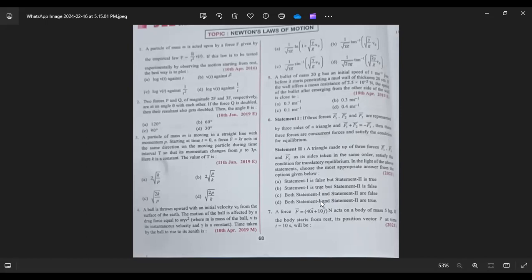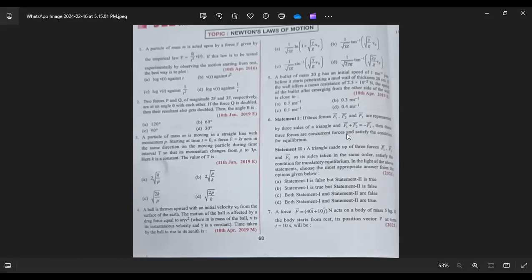Statement 1 is true, statement 2 is true. First of all, you read the question carefully. Statement 1: if three forces F1, F2, F3... I think statement 1 is correct because these are concurrent forces. F1 plus F2 is equal to minus F3.